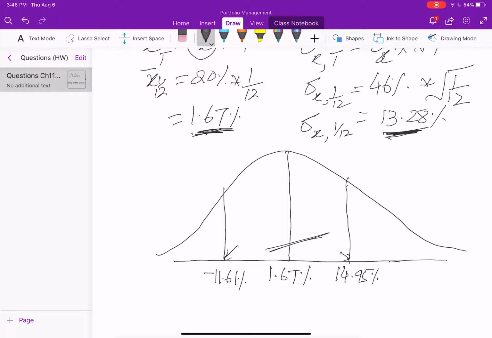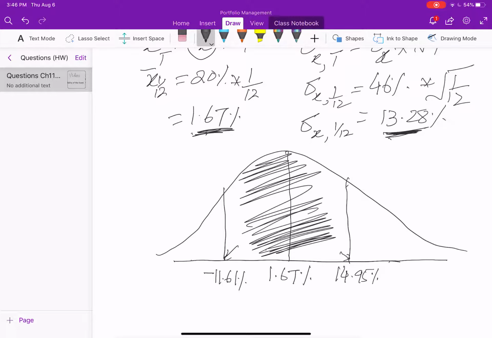We know that in a normal distribution, within one standard deviation on the left and right of the mean, about 68% of the observations lie. So 68% of the time the return will be within the limits of minus 11.61% and plus 14.95%. So what about the areas over here and here?